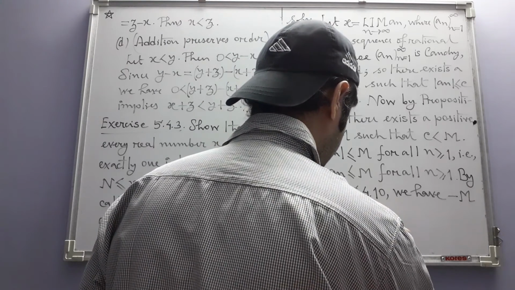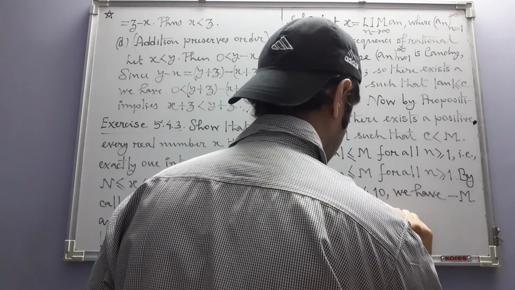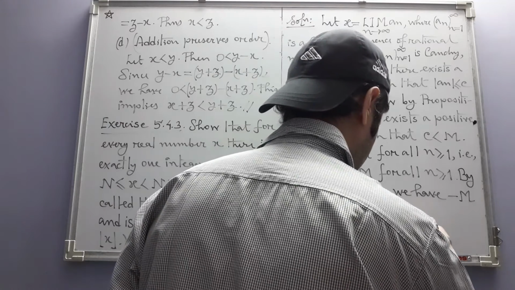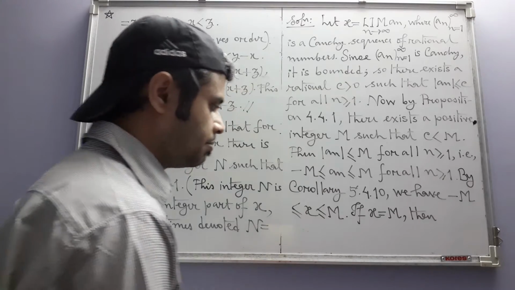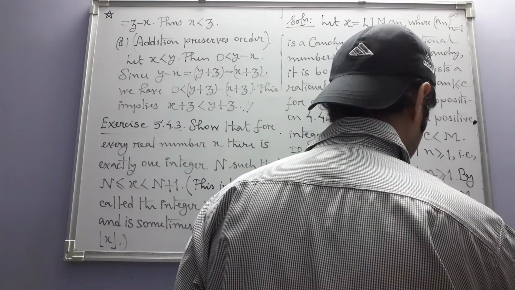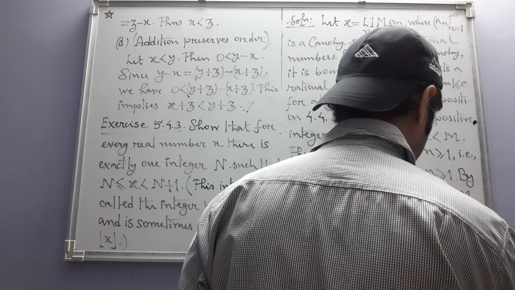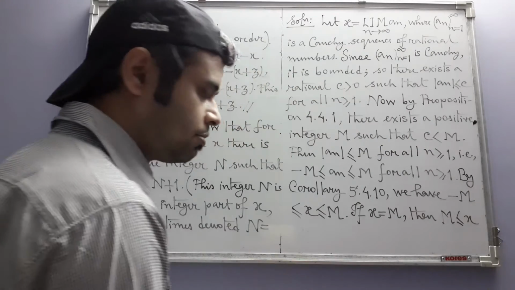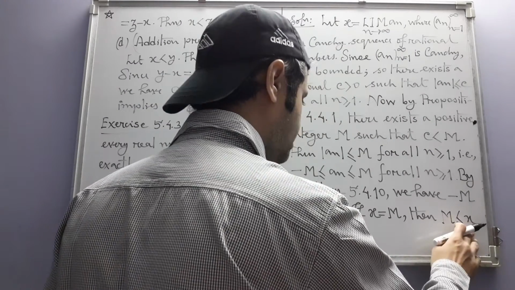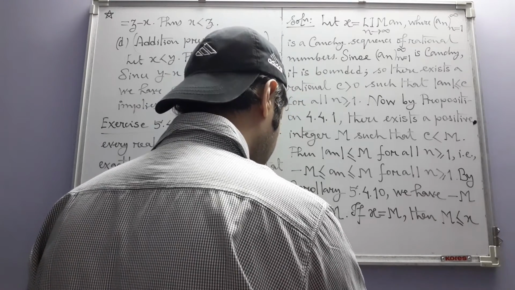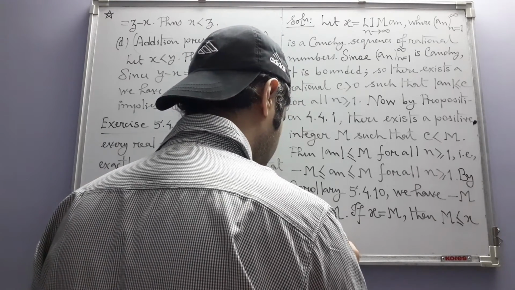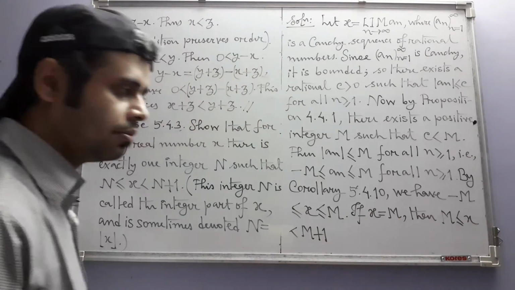If x is equal to m, then if it happens that x is the integer m, then m is less than or equal to x. In fact, it's equal to x. It does not hurt to write less than or equal to x. And x is strictly less than m plus 1, simply because x is m.